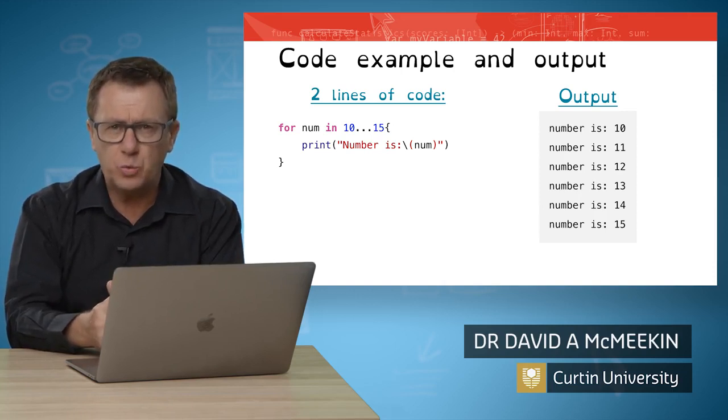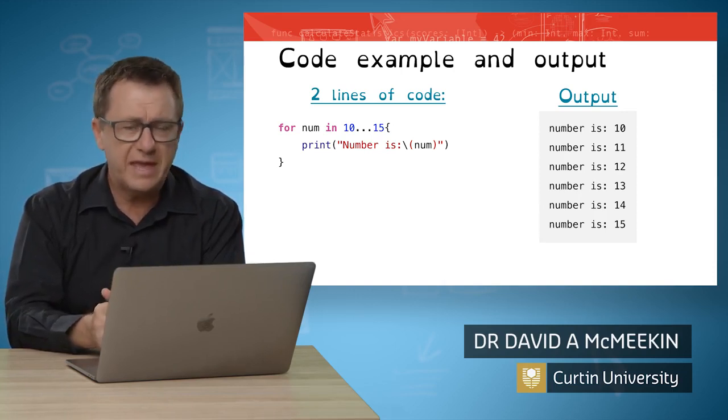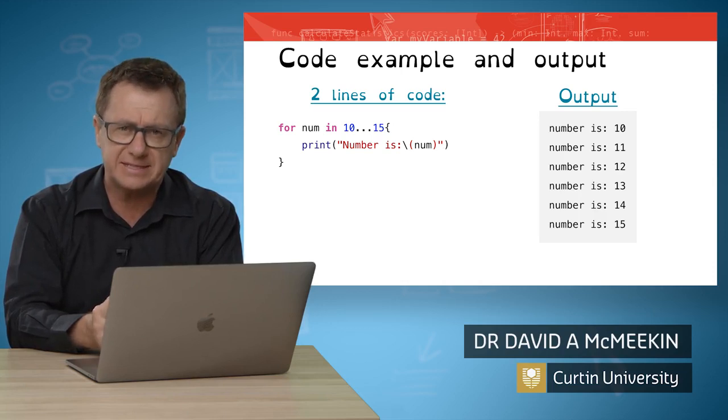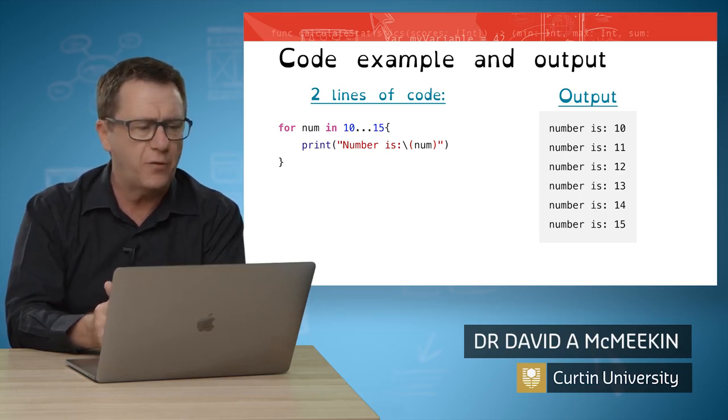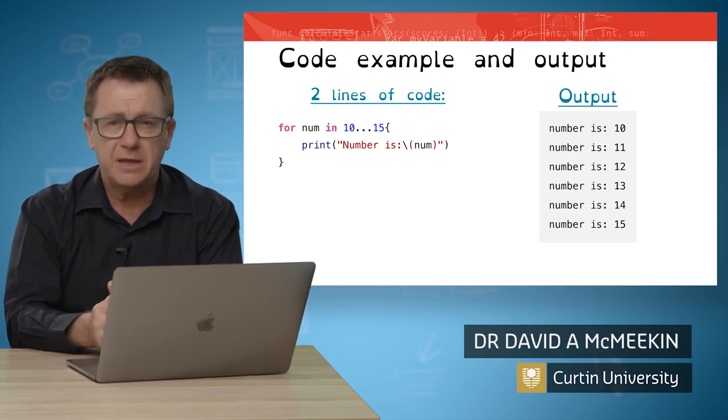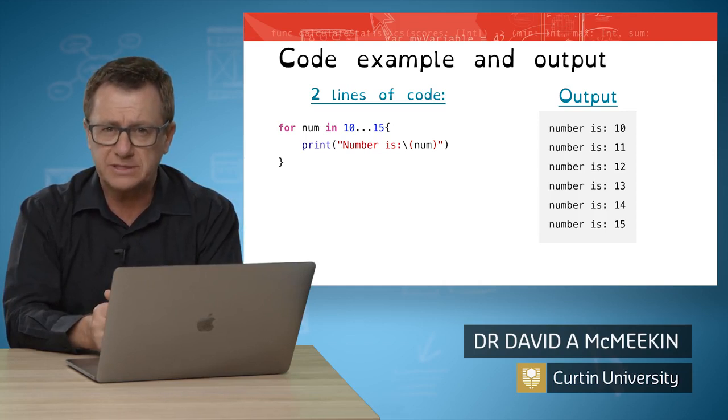Now that code we haven't seen before. We have a slash, open bracket, the name of the variable that we've used in our statement. So we've said for num in, and now we say print number is num. And you see our output goes through and prints out exactly the same as previously, but we've got 2 lines of code that does it.